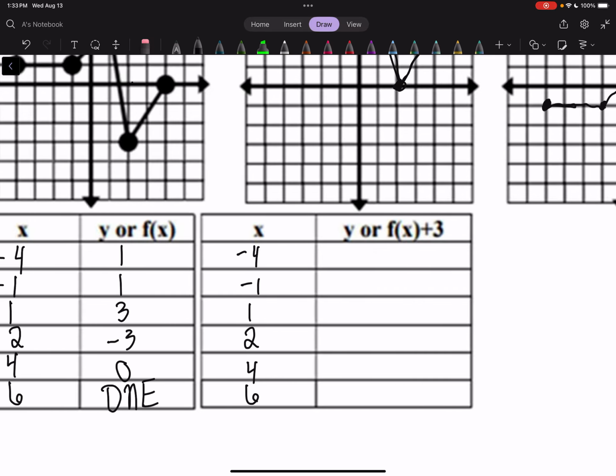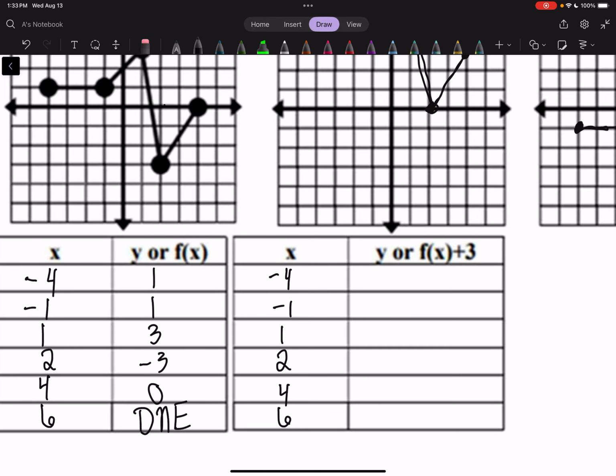My transformation, f of x plus 3, means I'm going to be shifting it up 3 units. I'm going to add 3 to my y values. So 1 plus 3, 3 plus 3, -3 plus 3, and 0 plus 3.